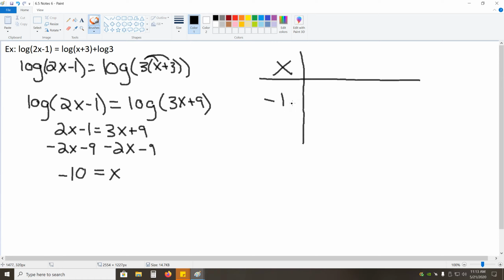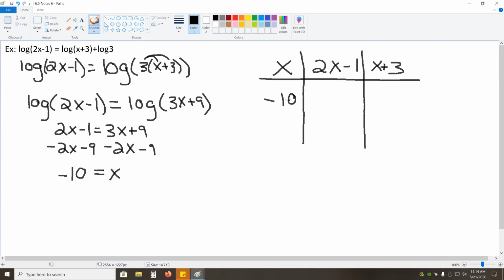We're checking x equals negative 10 by plugging it into 2x minus 1, as well as x plus 3. But note, we don't have to plug it into the third log because that log is always going to have a 3 inside of it, which is always positive.